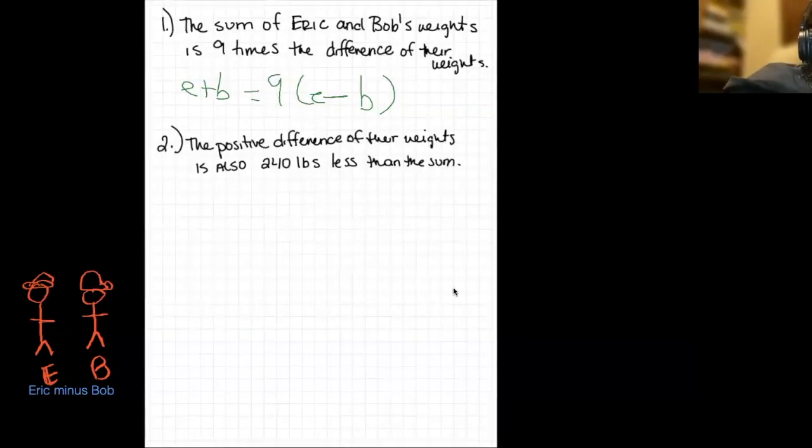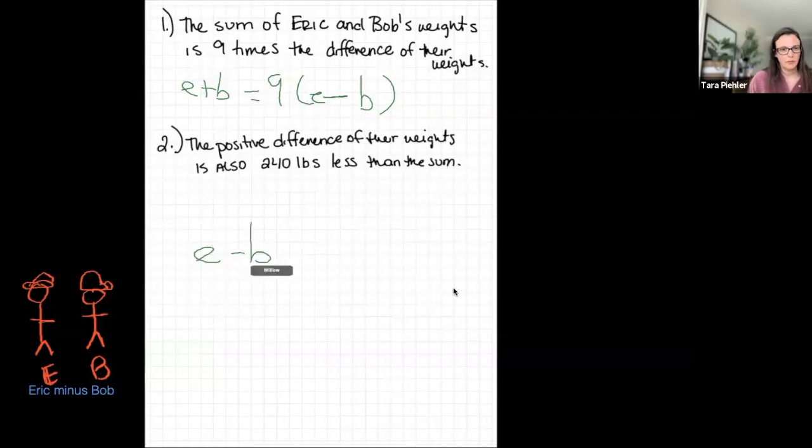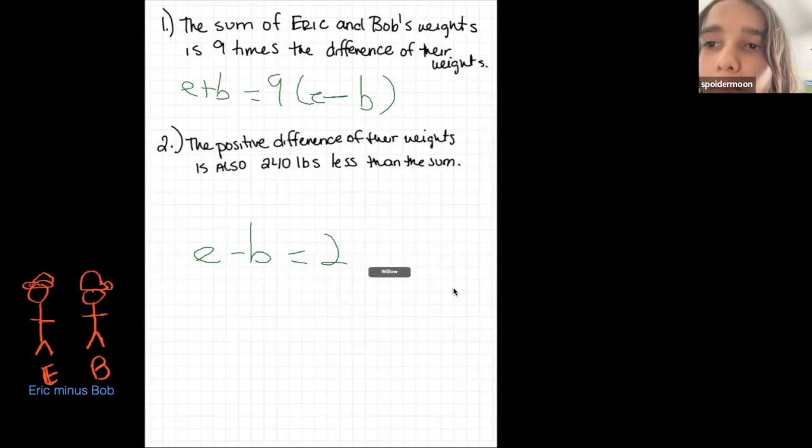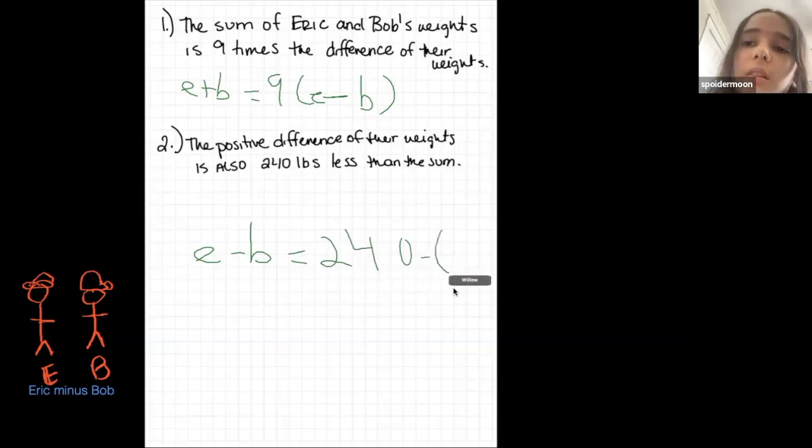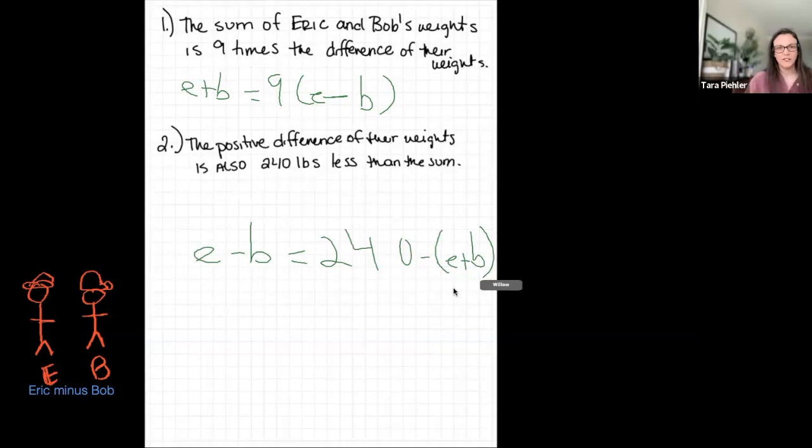So the difference of their weights, how do you write that? Perfect: B plus E, or E plus B.